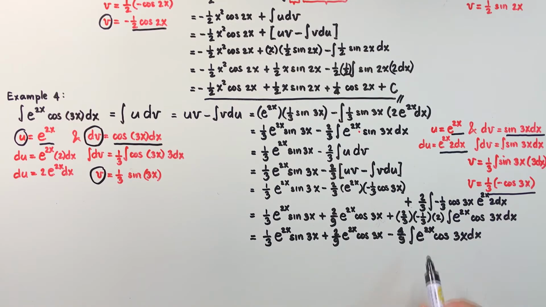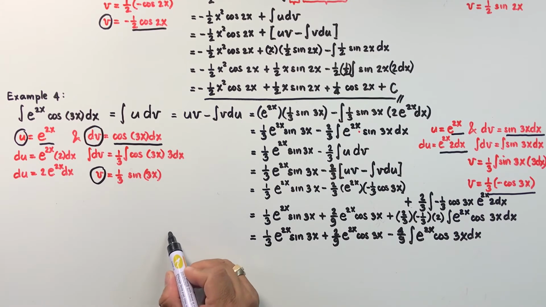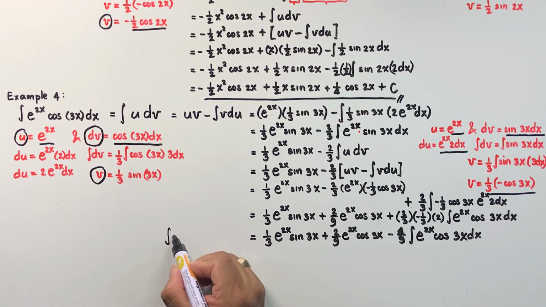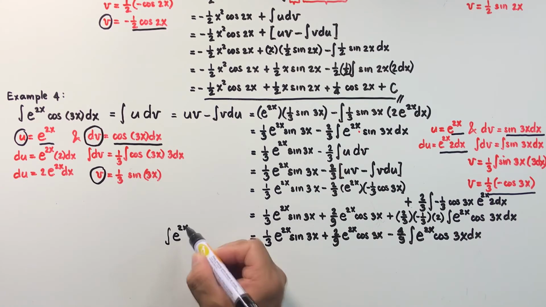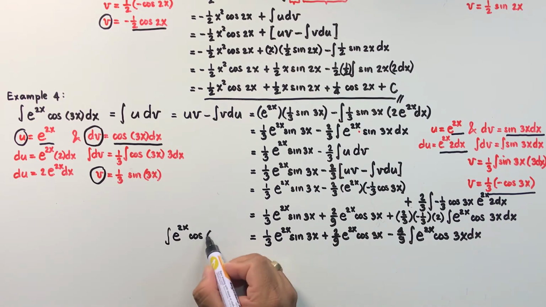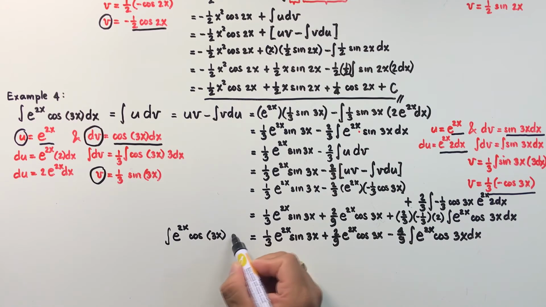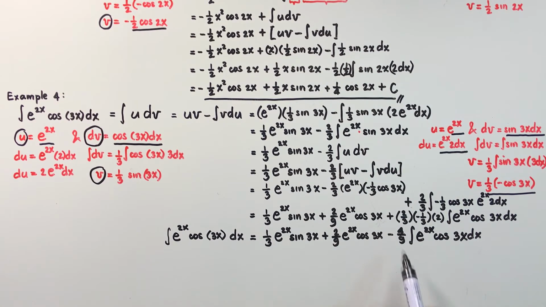And we notice that this integrand is the same as our integrand here. So it's like we go back to the original given, which is the integral of e to the power 2x cosine 3x dx here. So what we will do is to move this one to the left side of the equation so that this one will combine here.